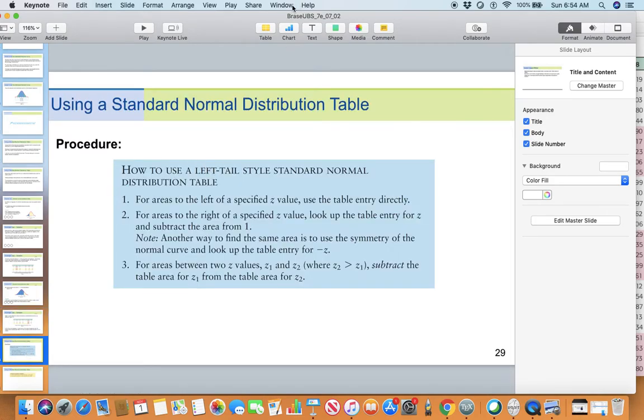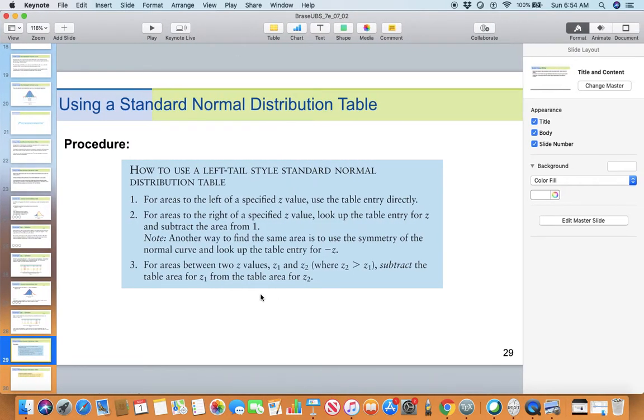Let's review this procedure. For areas to the left of a specified Z value, use the table entry directly. For a right area, look at the table value directly and subtract it from 1.